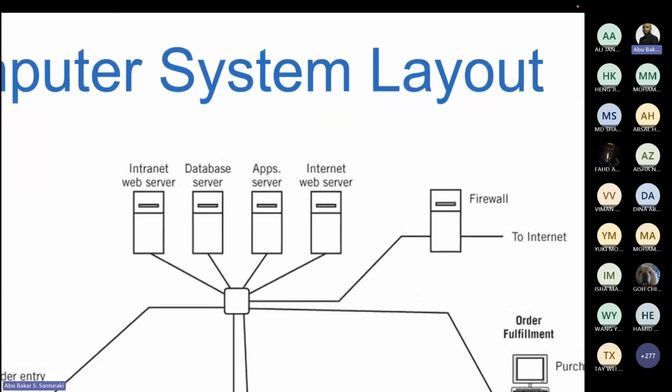Here you can see, first we have a firewall. If you don't know what a firewall is, it's basically a special device. It can be a computer running a software or a dedicated device that has software that tells the computer network how to filter information. Think of it like having a security guard at the entrance of your home.